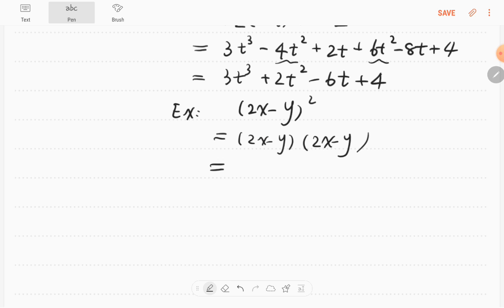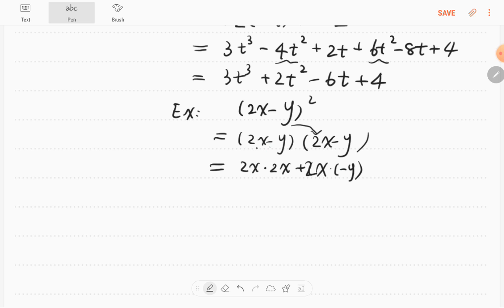The first term will be 2x. We start with the 2x, and we apply 2x to the first term of the second polynomial, which is 2x, plus 2x applied to the second term, which is negative y.